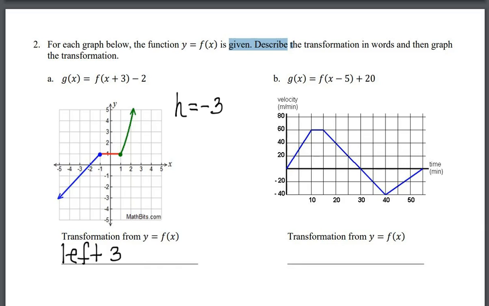The second thing I notice, so this is my h, is that k is negative 2. Now because k is negative 2, we also need to move it down 2. So the easiest way to move a graph is to choose a couple of points and shift those points. So I'm going to look at this point here, and I'm going to move it to the left 3, 1, 2, 3, down 2, 1, 2.